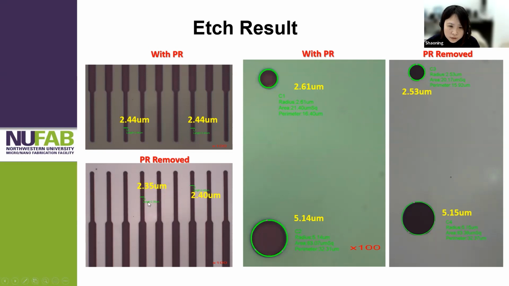And this is after etching and removing the photoresist, the actual feature size. We think this is pretty accurate and pretty fine etching. If you need a finer image, we can go to SEM to take a better image. However, for the feature size and the resolution of the microscope, the control is much better than hand etching.